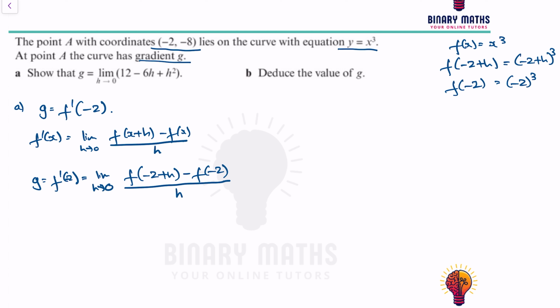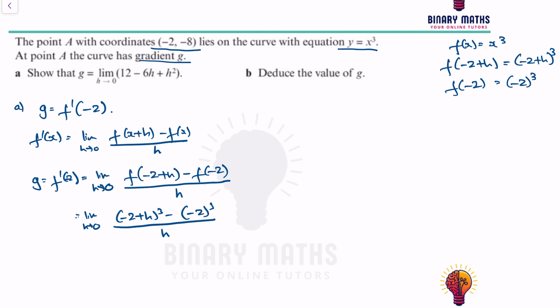So if we replace f of (-2 plus h) with (-2 plus h) cubed, we get the limit as h tends to 0 of (-2 plus h) cubed minus (-2) cubed, all over h.